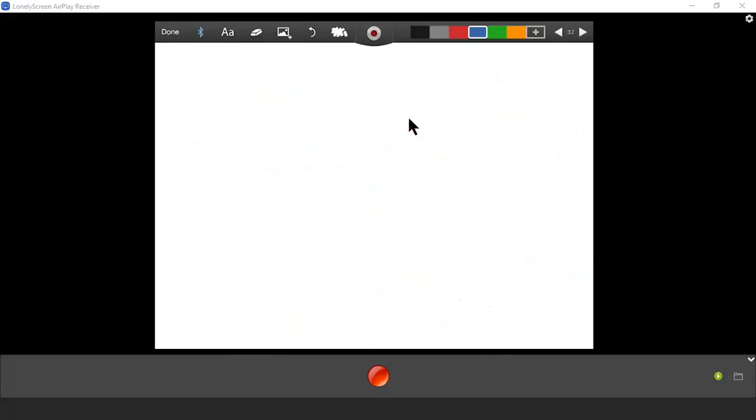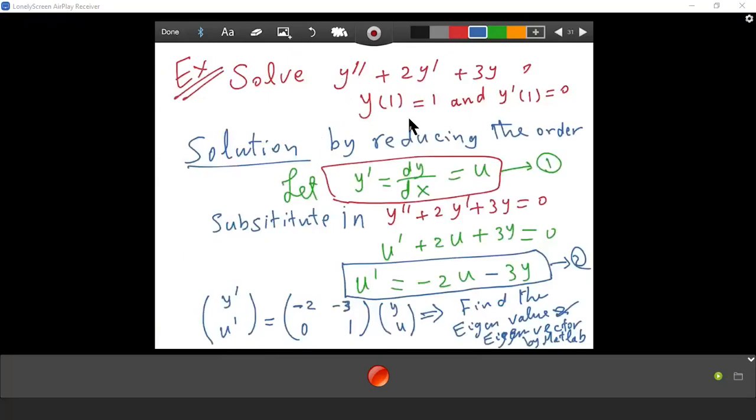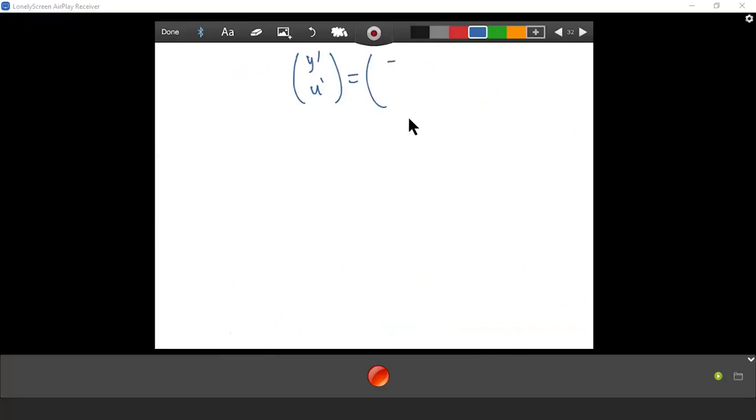So I remind you, you have y dash, u dash equal to the matrix with rows minus 2, minus 3 and 0, 1, multiplied by y and u. So what's your A? Yes, by MATLAB, please.